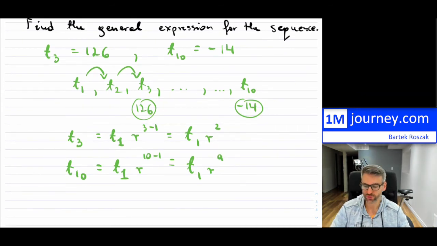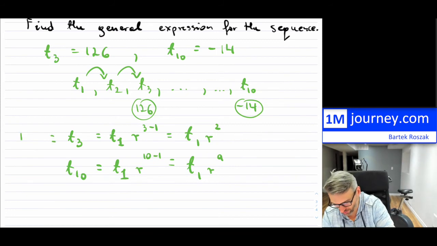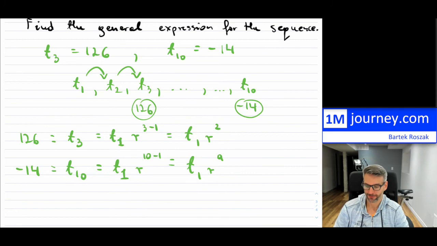So now we have these two equations. We know term 3 is 126, and we know term 10 is negative 14. Two equations, two unknowns: we don't know T1 and we don't know R. You can isolate one of the equations, let's say for T1, and then substitute it in the other.